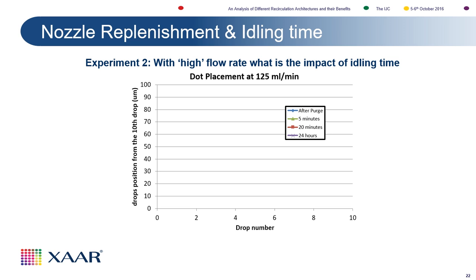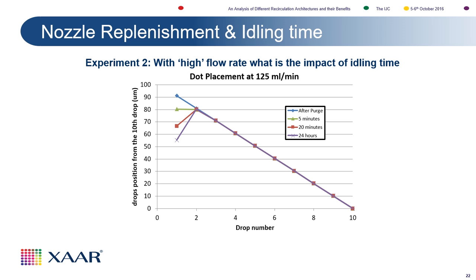Same graph, again 5 minutes, you can see the first drop is slightly misplaced. It does get slightly worse with time up to 24 hours, but you can still see that even with recirculation, all the drops are present, just slightly misplaced. So, that is, again, mitigating the nozzle latency effect.